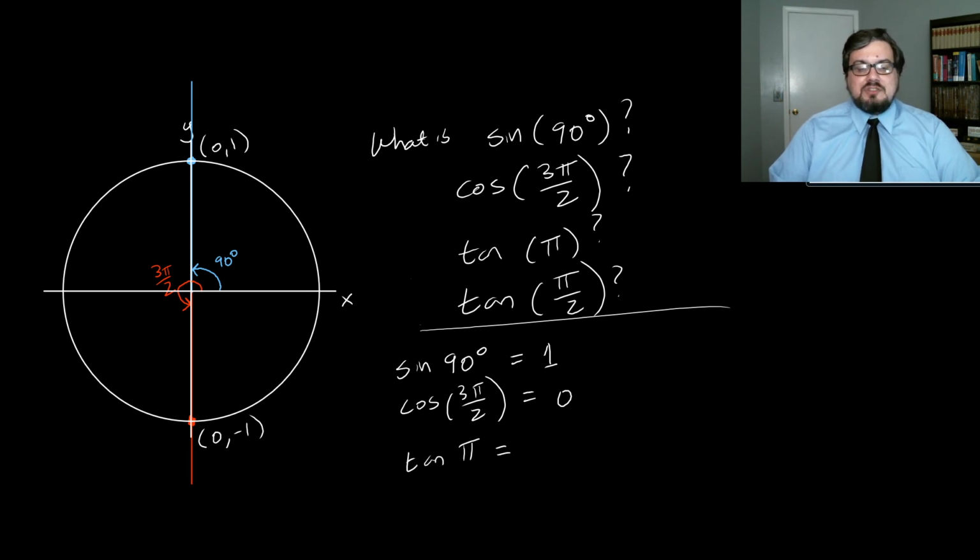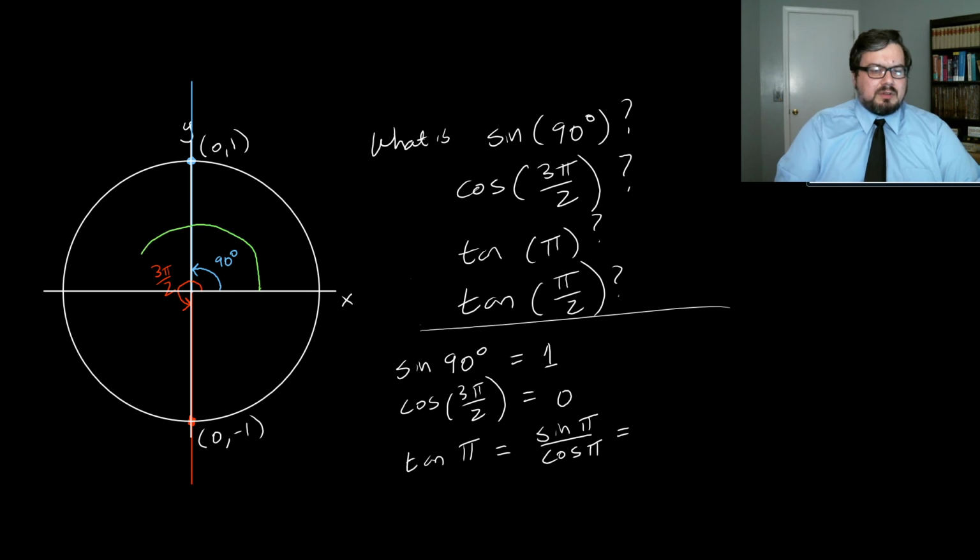Now, if we want tangent of pi, the easiest way to do that is to work it out as sine of pi over cosine of pi. So let's do that. Let's take an angle of pi radians. That's going to go around like this. Pi radians is halfway around the circle. We can draw our green line and see where it intersects with the unit circle, and we can see that it intersects the unit circle at the point (-1, 0).